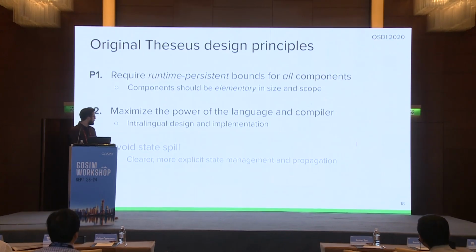Another thing that we want to do, as I mentioned before, is really push this concept of interlingual design, or Rust-native system programming, such that we are enabling the compiler to check the rules of as many parts of the system as possible and semantically understand all of these different pieces of what's going on in the OS subsystems. We had some other things about state management, but I'm not going to talk about that today. We've kind of moved away from that.